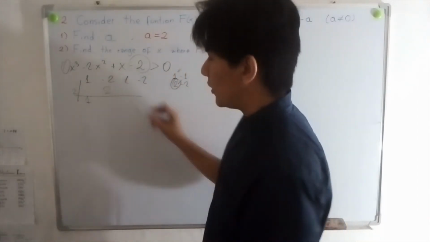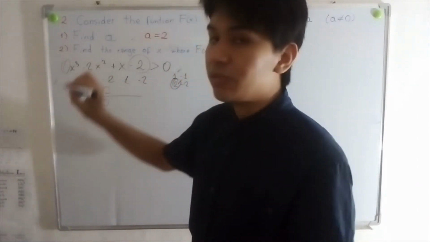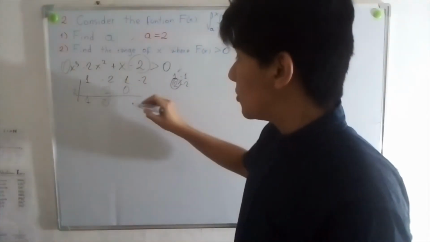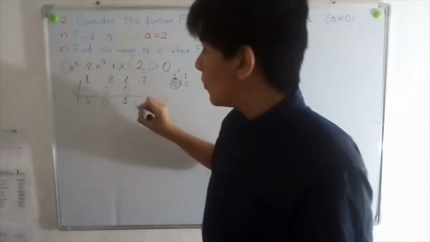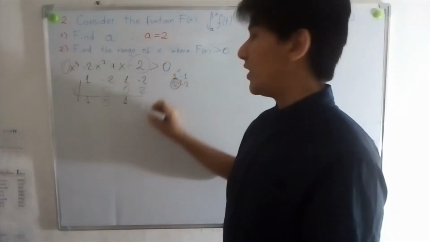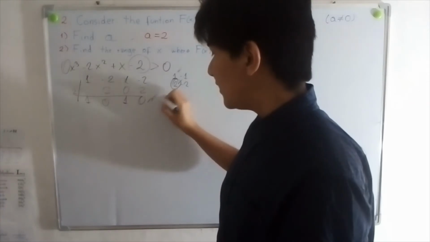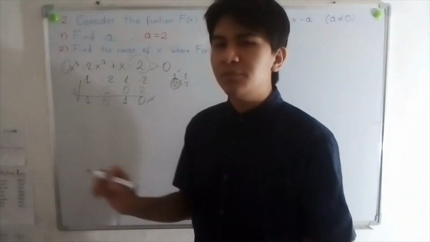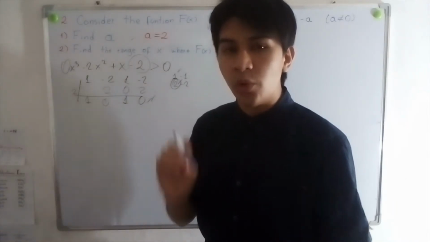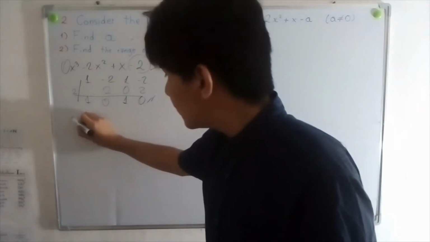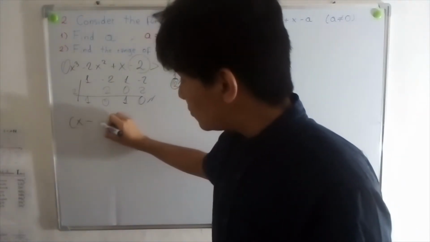Minus 2 plus 2 is 0. 0 times 2 is 0. And 1 plus 0 is 1. 1 times 2 is 2. And minus 2 plus 2 is 0. Okay, and that is, this expression can be written like x minus 2.